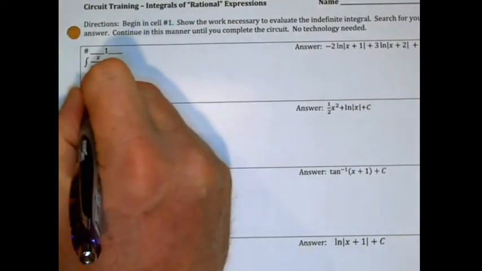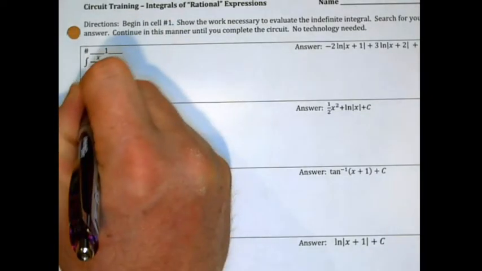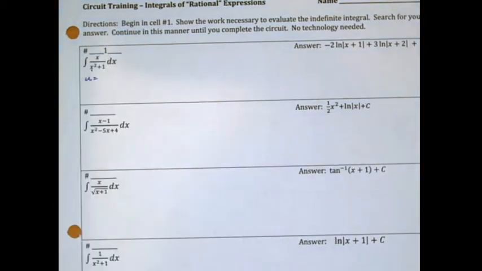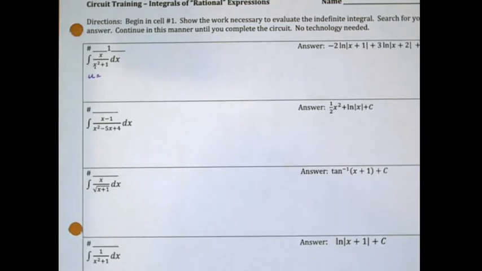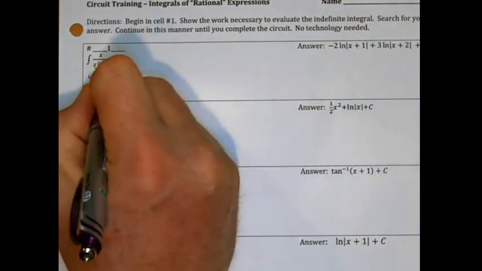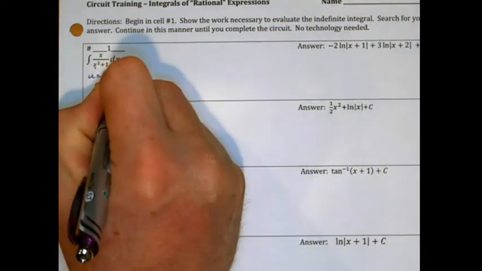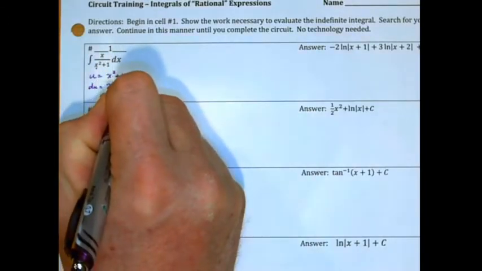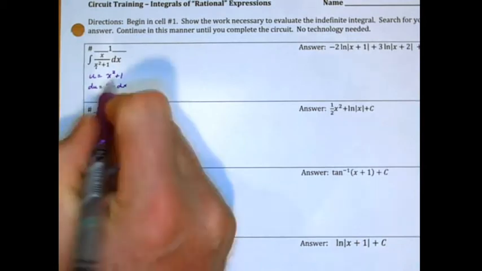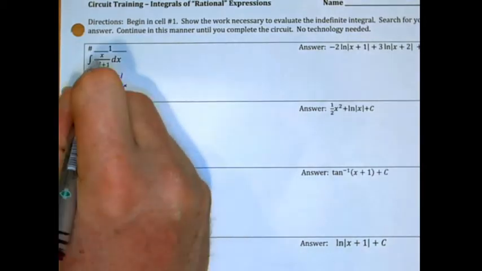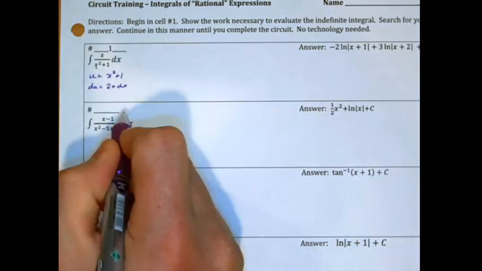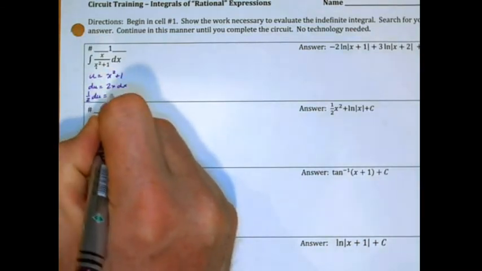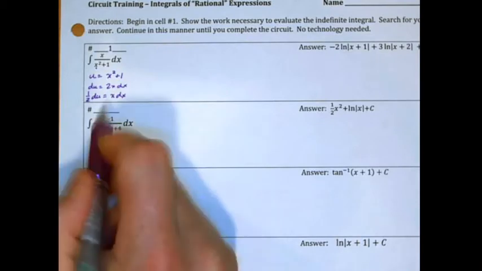But if I take the antiderivative, I can't get that right away. So usually what I've told you to do is u substitution. So u is going to be the bottom, so du is going to be 2x dx. And notice I need a 2x dx out here, so we can take the 1/2 du over here and get the x dx.